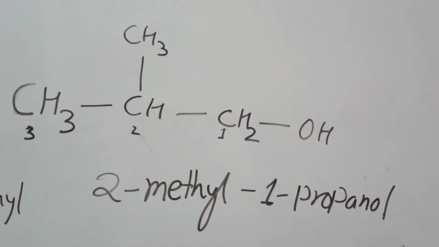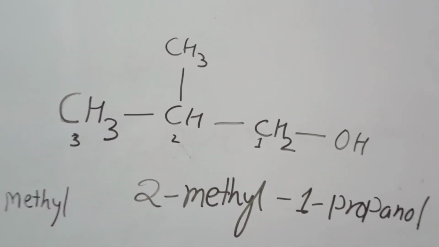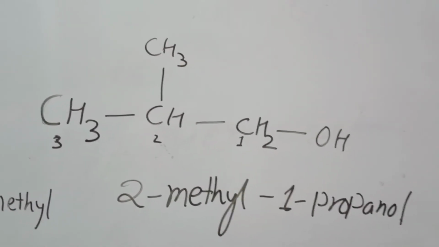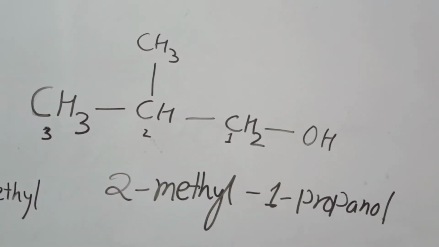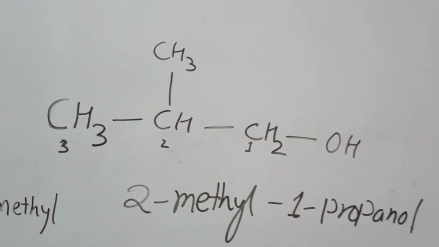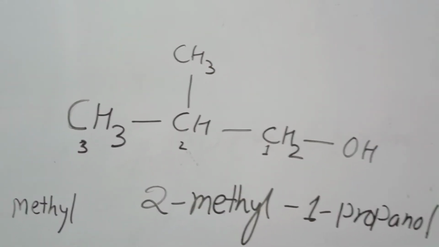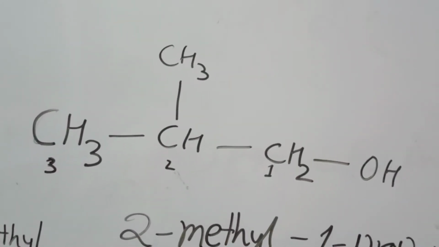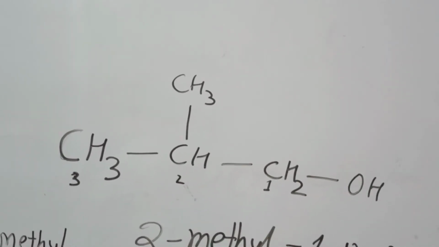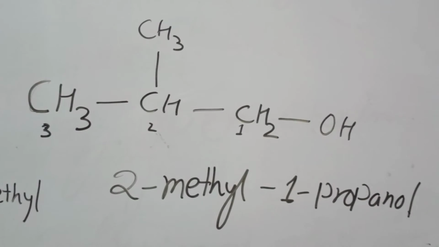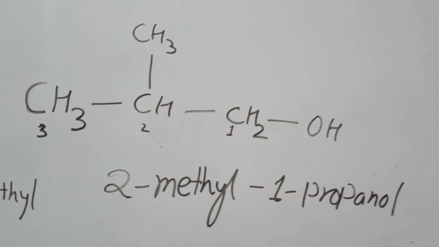So as you can see here, this molecule consists of a principal functionality, that is the hydroxy group or the OH group, which is representative of the alcohol, and this OH group is present on the first carbon atom, and on the second carbon atom there is a substituent, that is the methyl group, and as per the IUPAC rule, this particular compound is said to be 2-methyl-1-propanol.